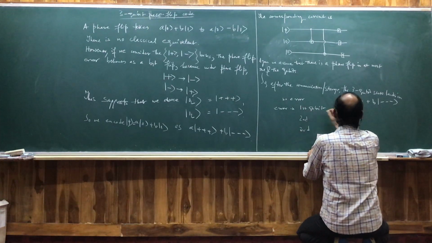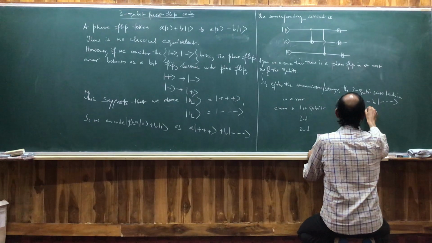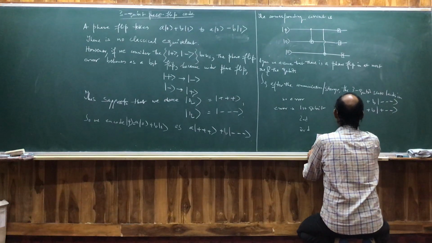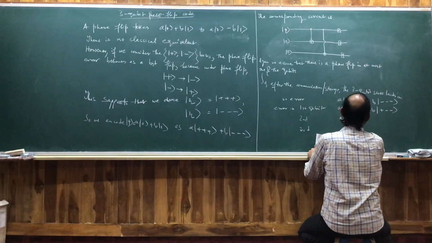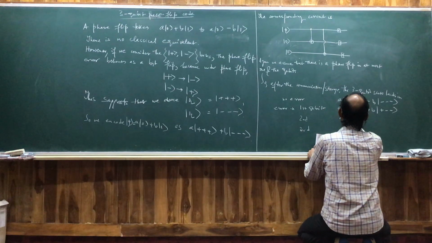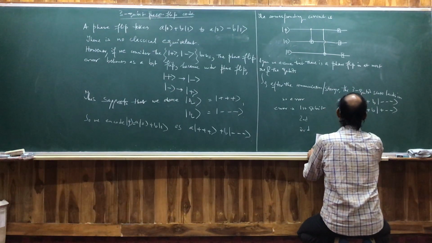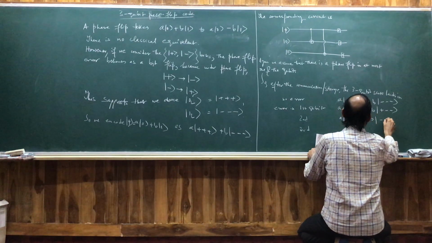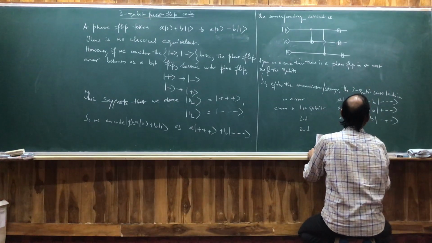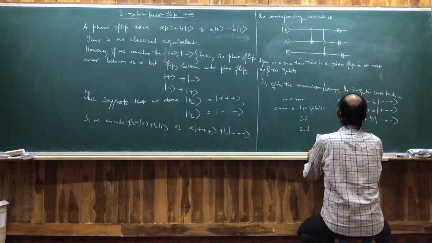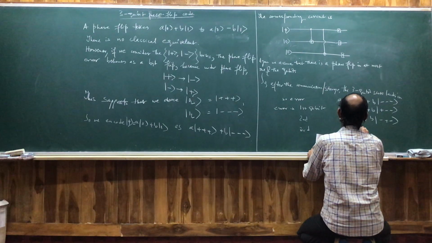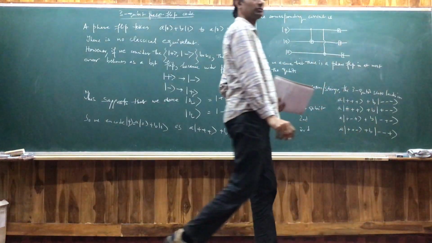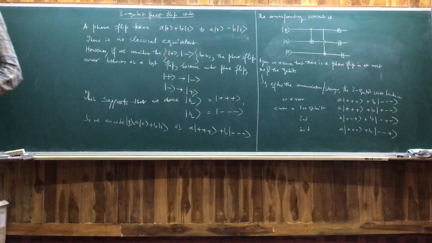If there is an error in the first one, it becomes plus plus plus plus b minus minus minus, so it's plus minus plus plus b minus plus minus, yes. And here it is a plus plus minus plus b minus minus plus. It's the same thing as before, you are just replacing zeros and ones by pluses and minuses.